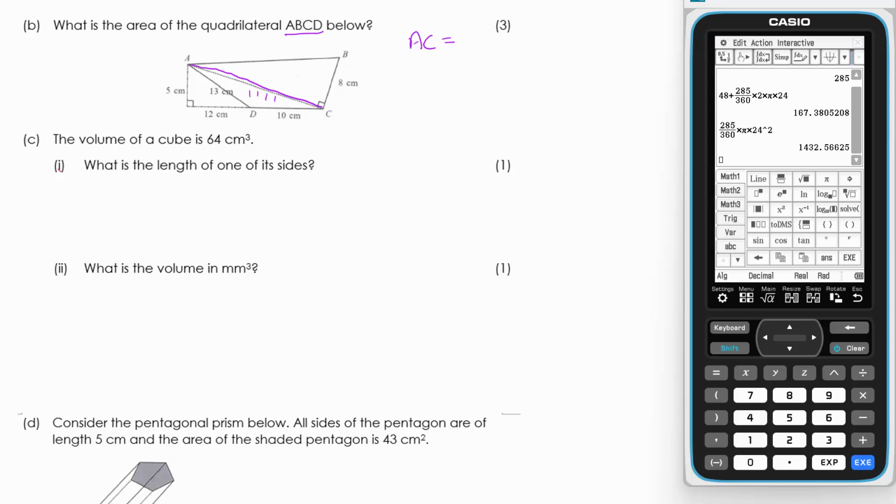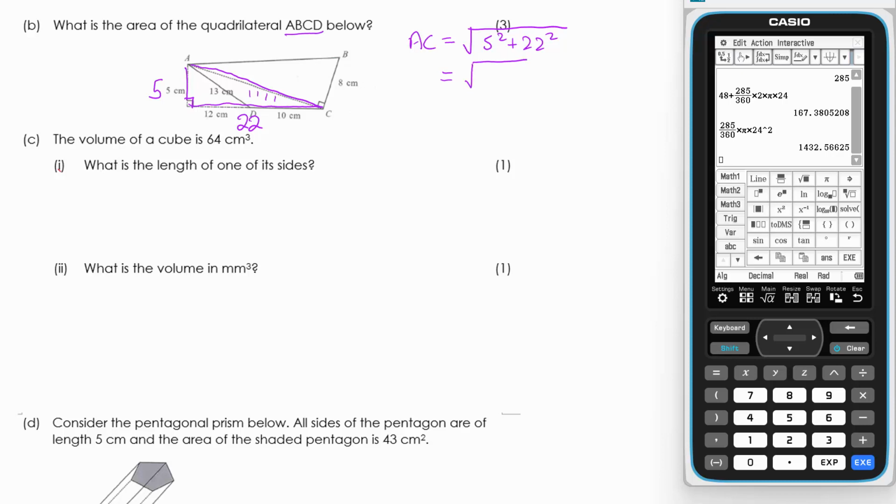And to do that, we can use the triangle around the outside. So we can see that this length is 22, the right angle is there, and this length is 5. So using Pythagoras' theorem, that is going to be the square root of 5 squared plus 22 squared. I don't actually need to work that out.